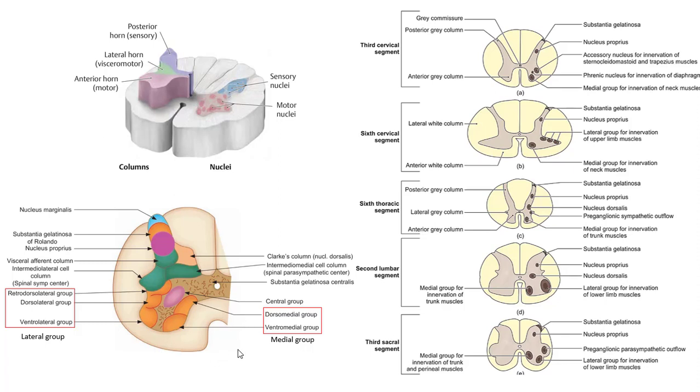The nuclei of the anterior horn are arranged into three groups, namely the medial group, the lateral group, and the central group. So the first group that we'll begin with is the medial group. The medial group is the one closest to the center, so it's a pretty easy one to remember. In addition, the medial group can also be further divided into ventromedial, so anterior, and dorsomedial or posterior parts.